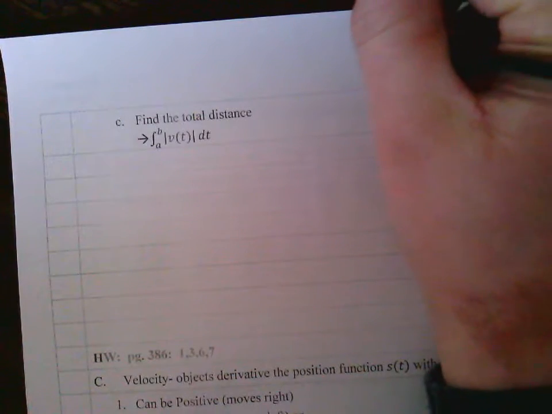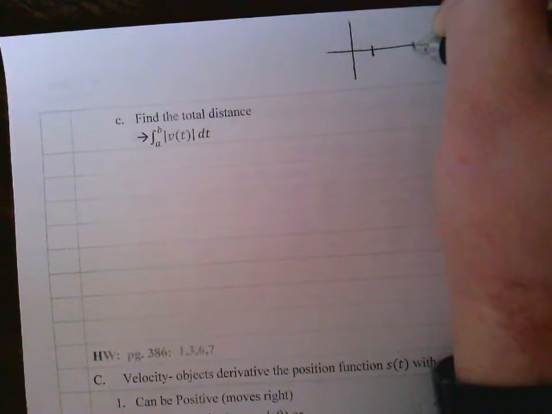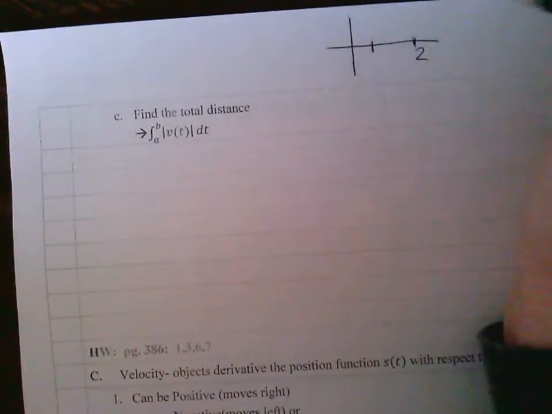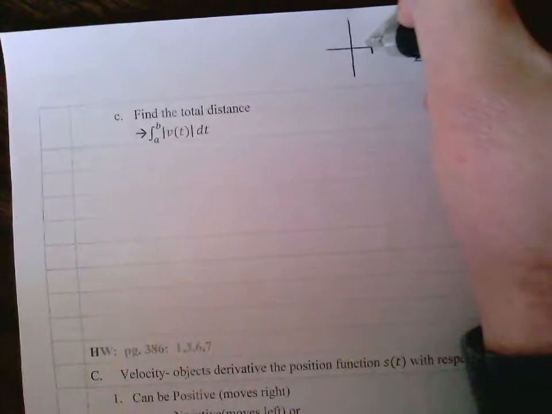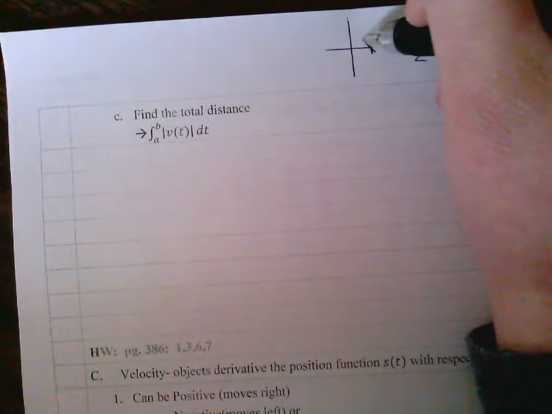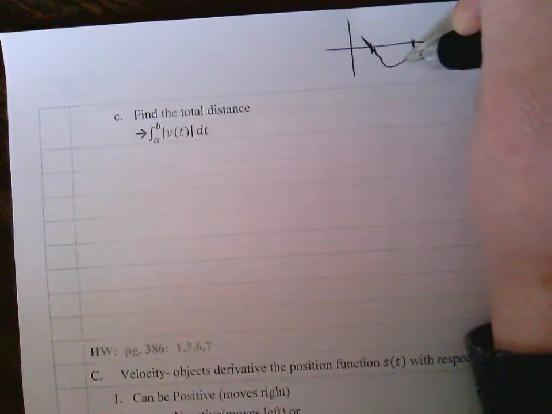So let's see. It's 0 at 1 and 2. Okay, we said it is above the x-axis right here and below from 1 to 2. So it probably looks something like that.